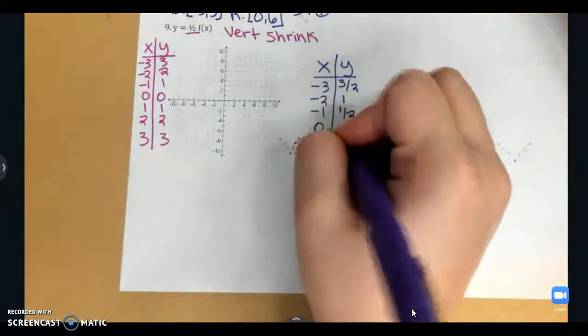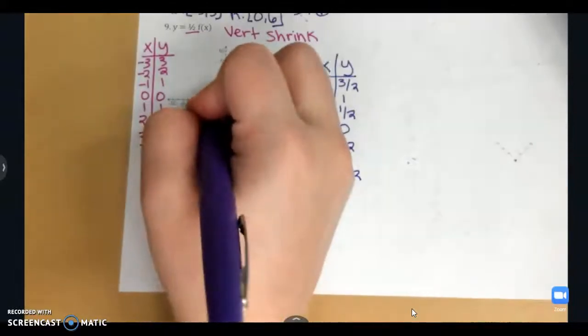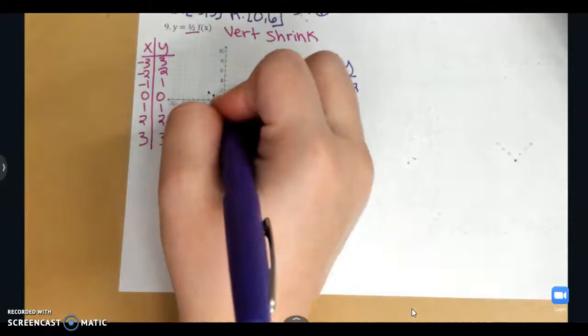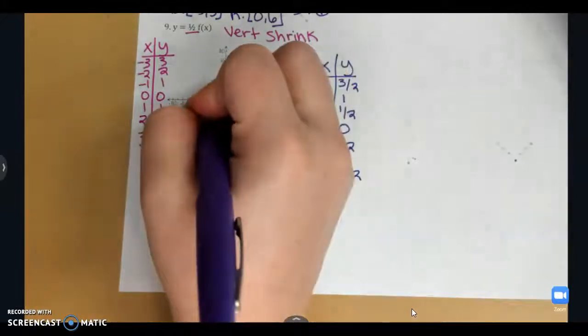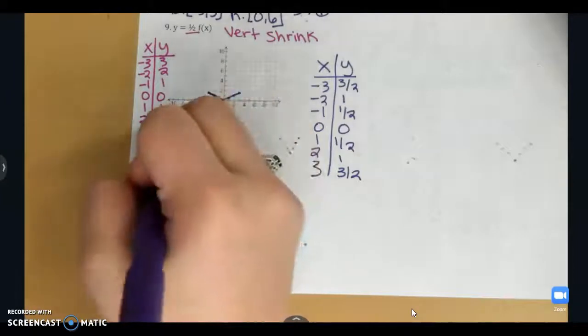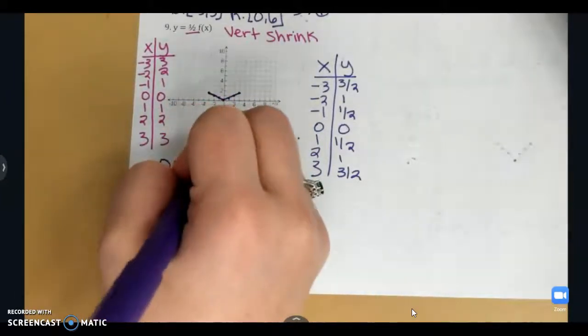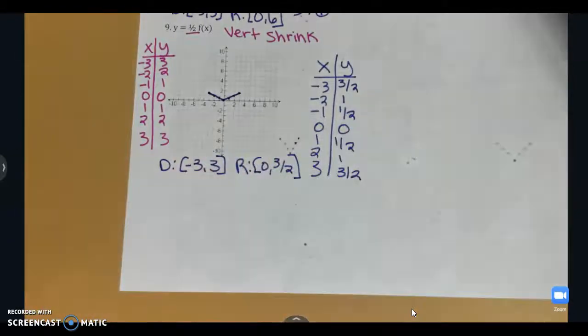And again, you could do these as decimals. That is totally fine. And now we graph. And so you'll see we got shorter in the vertical direction. So our domain stayed the same. It's still from negative 3 to positive 3. And our range got smaller. It's now only from 0 to 3 over 2 or 1.5.